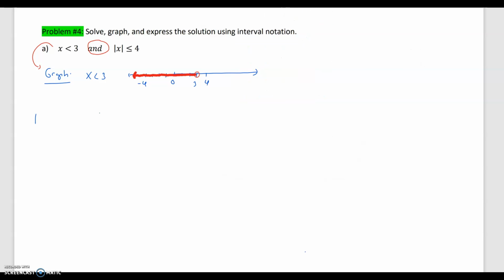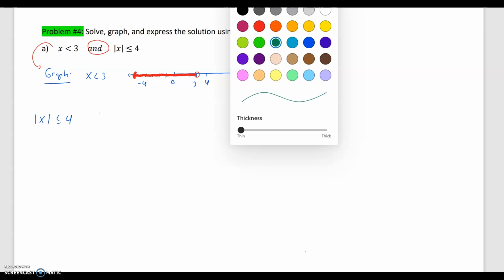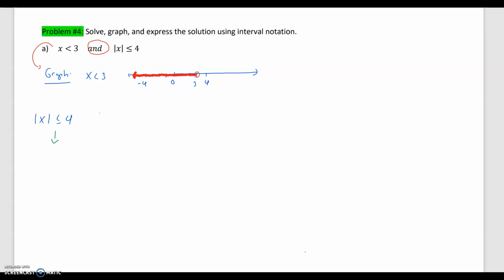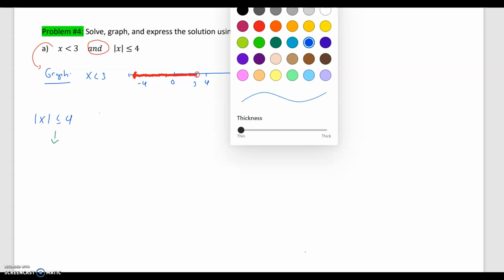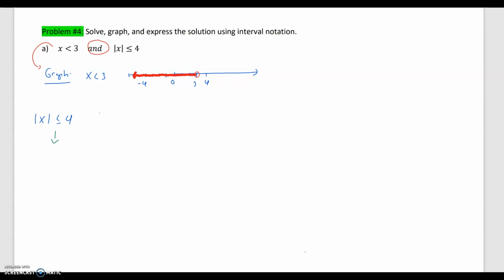And then for the absolute value of x less than or equal to 4, we can translate this inequality and notice that it represents all the distances that are less than or equal to 4. So technically, you could write it as x is less than or equal to 4 and greater than or equal to negative 4.